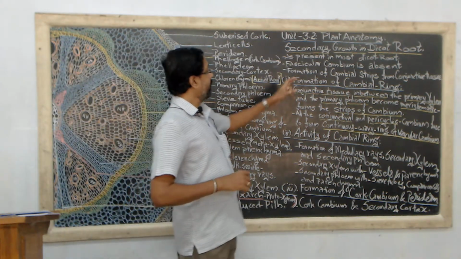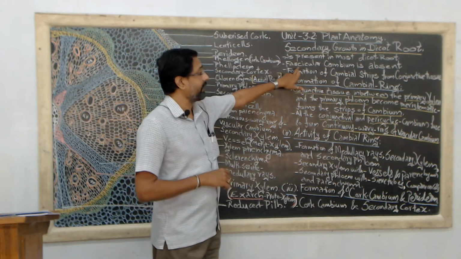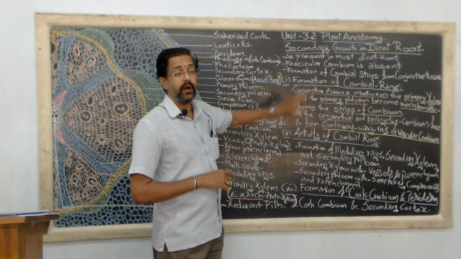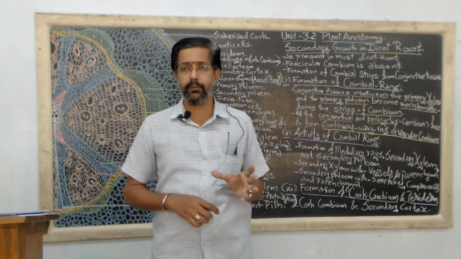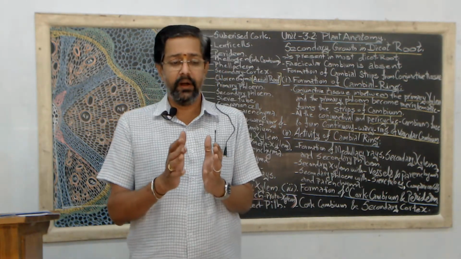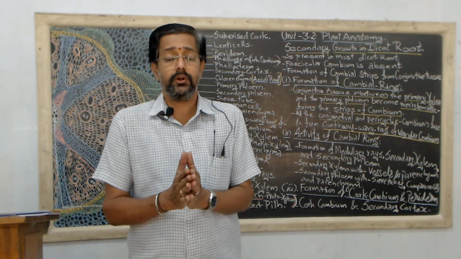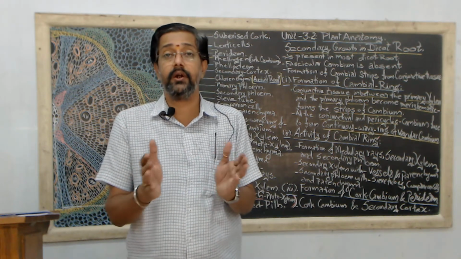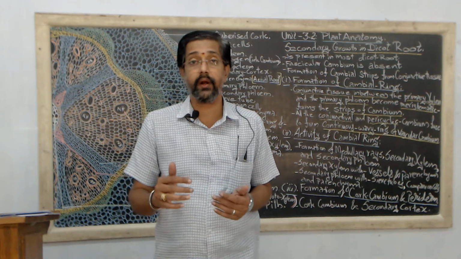Okay, so here what we can see is that the fascicular cambium is absent. Where a bundle is formed, the bundle shows the xylem and phloem, and in between the xylem and phloem there is the fascicular cambium.